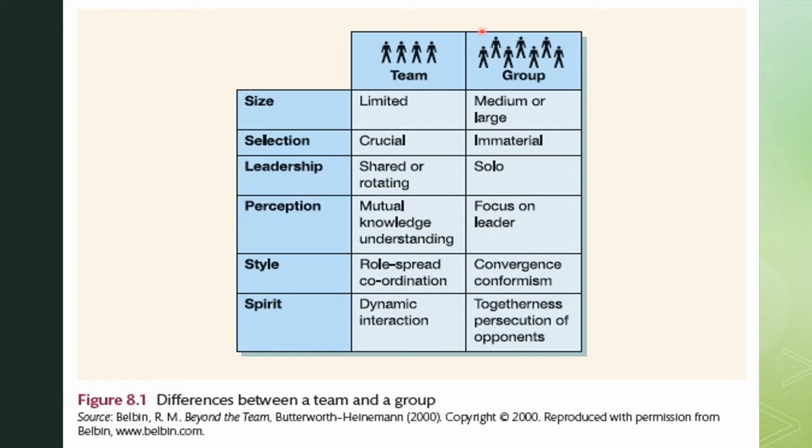So dynamic interaction: you know everybody and their roles, maybe their social status, and you're comfortable with it and you want them as intimate and dynamic as possible, as opposed to togetherness, persecution of opponents, right? So the conformism of it, that you shun everybody that's not like yourself, that is a weakness, right? Or a benefit, depends how you look at it.